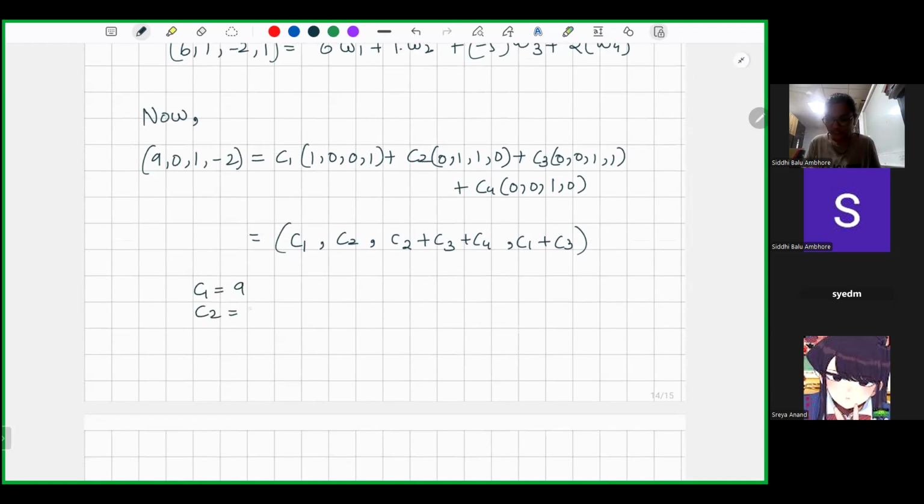and I get again C1 is equal to 9, C2 is equal to 0, and again C2 plus C3 plus C4 is 1, and C1 plus C3 is minus 2. But C1 is 9, so 9 plus C3 is equal to minus 2. This implies C3 is equal to 7, right?